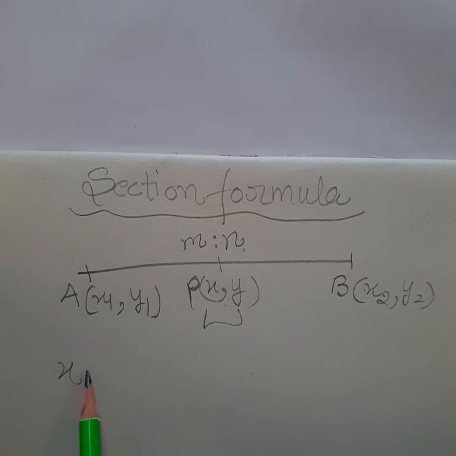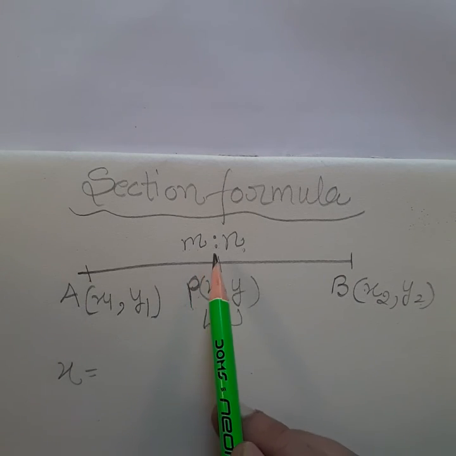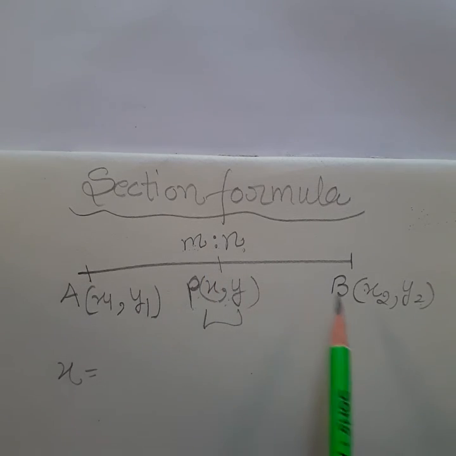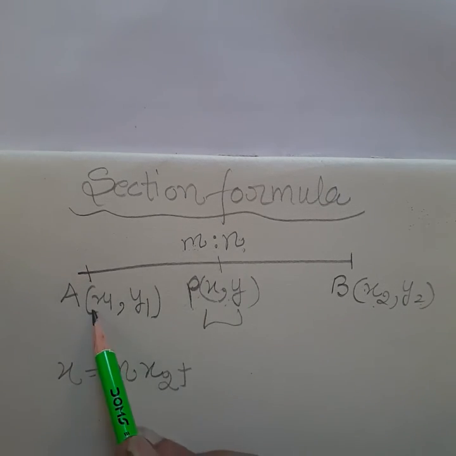So to find this point we have a formula. Suppose we multiply m by x2. Okay, we can write here m x2 plus n x1, and we can write in the denominator m plus n.